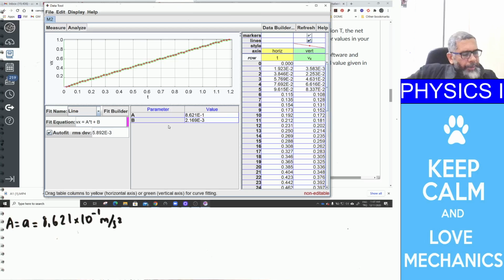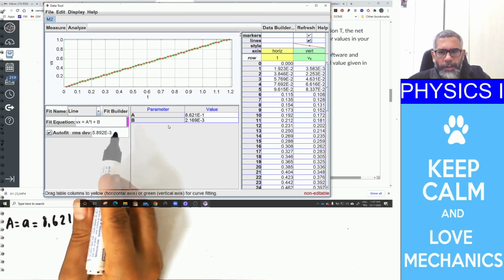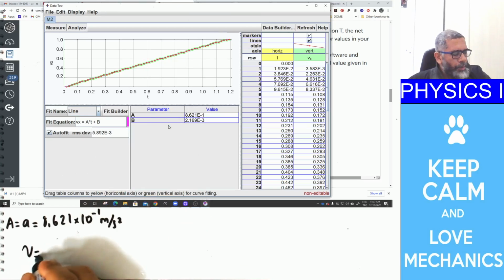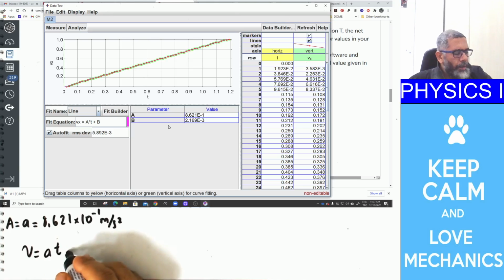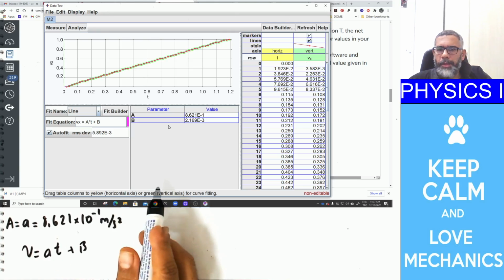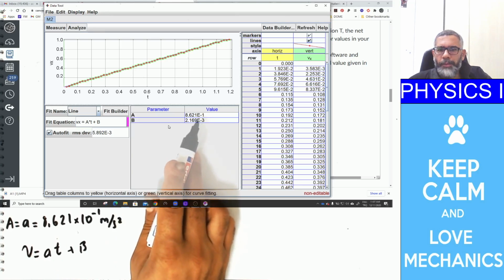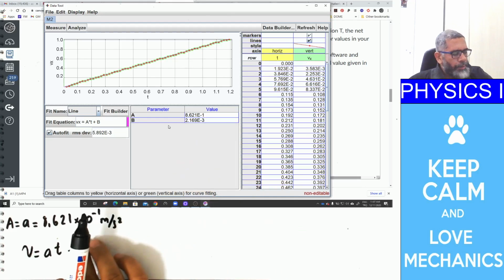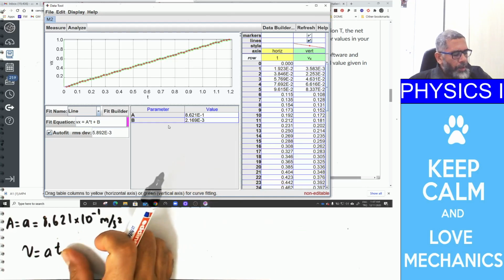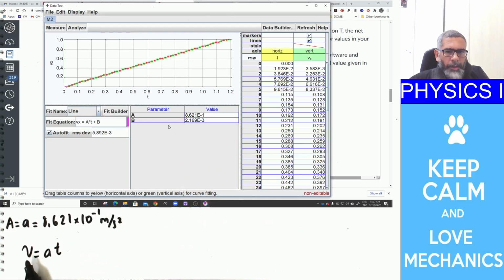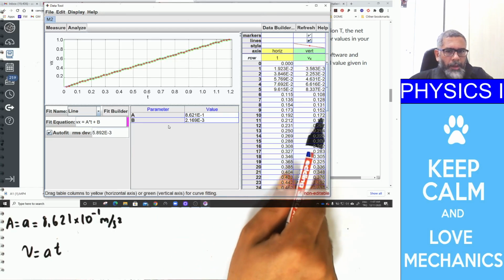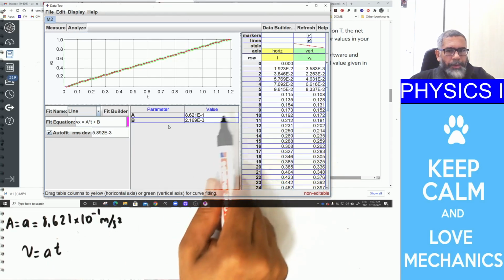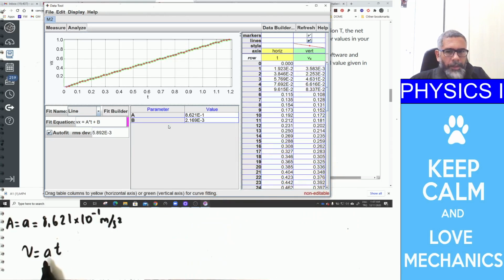We know that this is the plot for v equals a times t. There is also a b parameter over here, but since this b parameter is very small, 10 to the minus 13, that means the initial velocity of the cart is almost 0. So just get rid of it, you don't need it. Our equation for the data set, the v data in this column and the t data in the first column, is connected by acceleration.